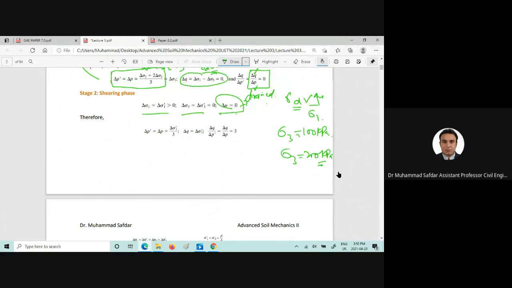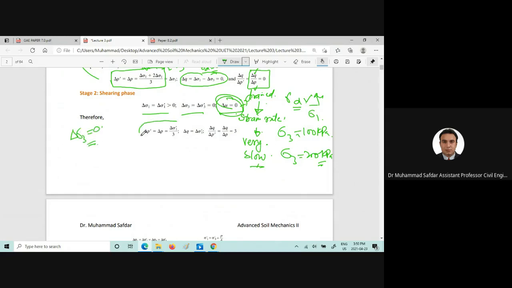Now, as it's the drained condition, we are discussing the consolidated drained test, and in the consolidated drained test, we apply the strain rate very slowly. Therefore, we will have delta U equal to 0, and the change in delta sigma 3 will be equal to 0.